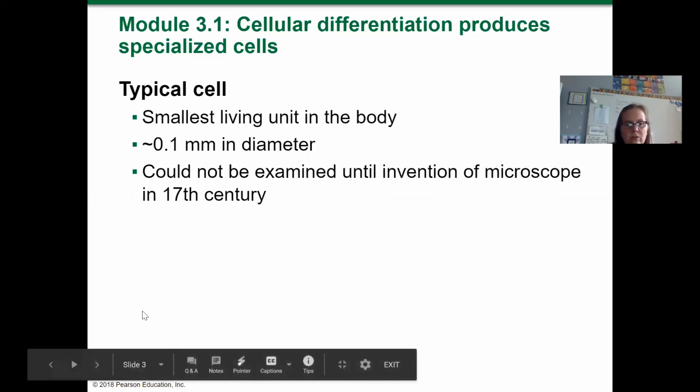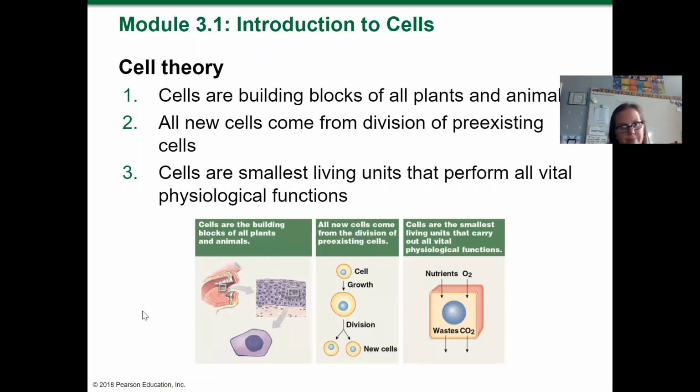And then we started to really see some neat stuff, and we could come up with this cell theory: the idea that cells are the building blocks of all life, cells come from pre-existing cells, and that they are the smallest, most fundamental units. This sort of describes a living organism.